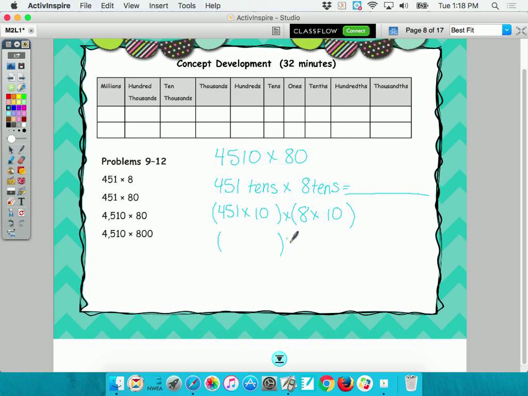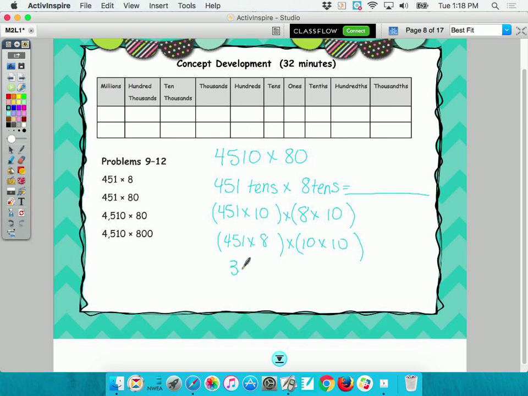The 10 and the 8. I think you're pretty good at this by now. So 451 times 8 and 10 times 10. So basically we're isolating the tens, or multiples of 10, powers of 10, into their own part of the problem.